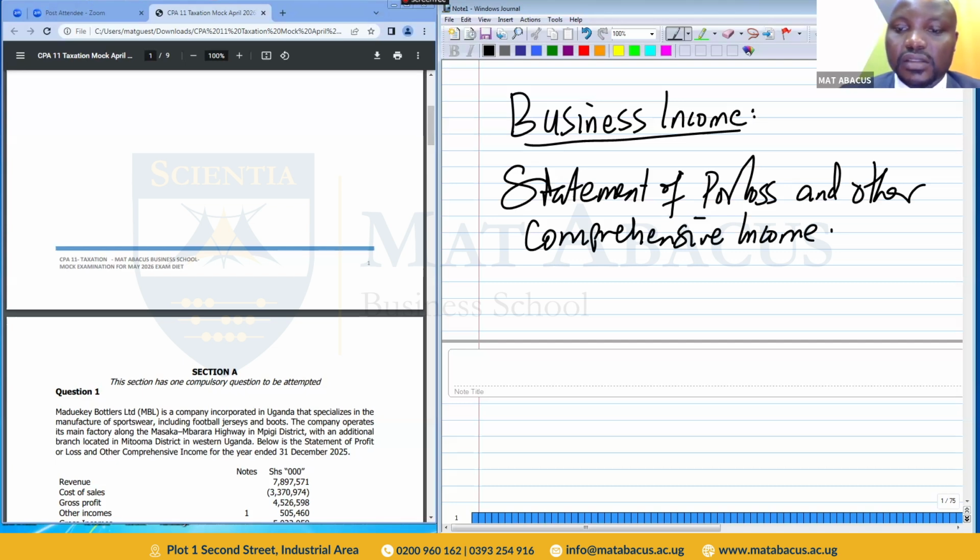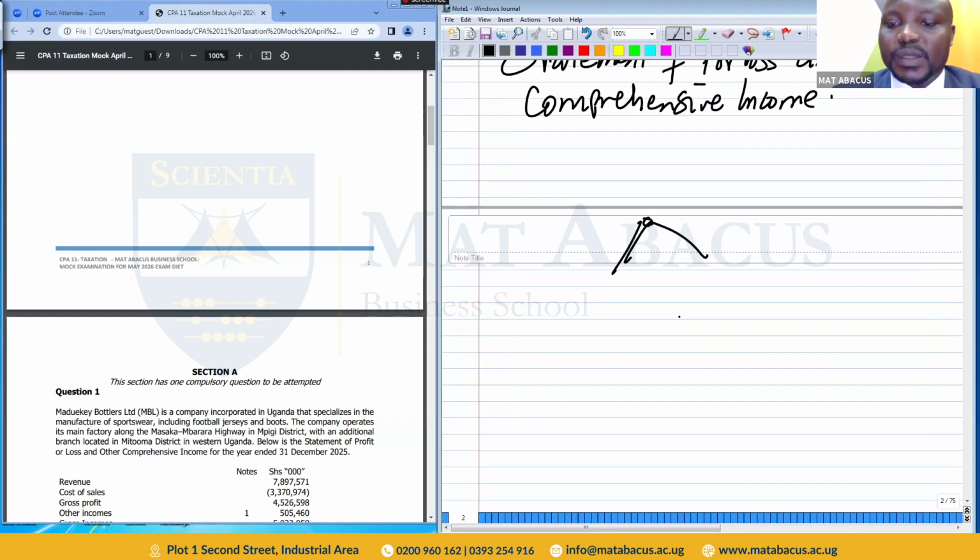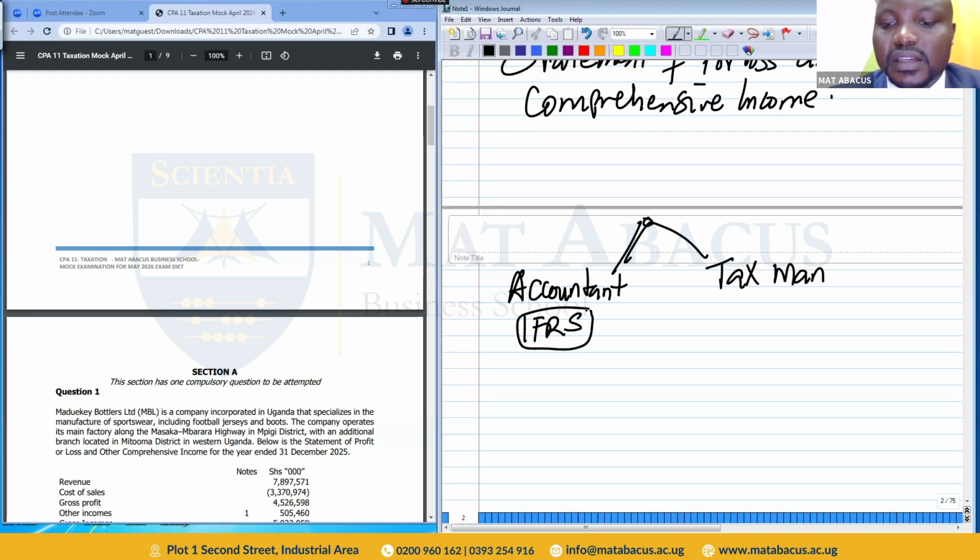This number is picked from 2 concepts. It has 2 perspectives: the perspective of the accountant and the perspective of the taxman. The accountant prepares financial statements in accordance with IFRS, the International Financial Reporting Standards.